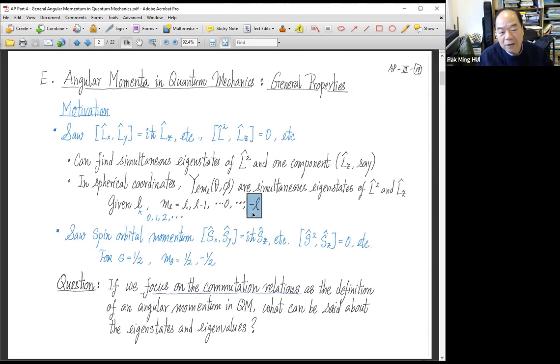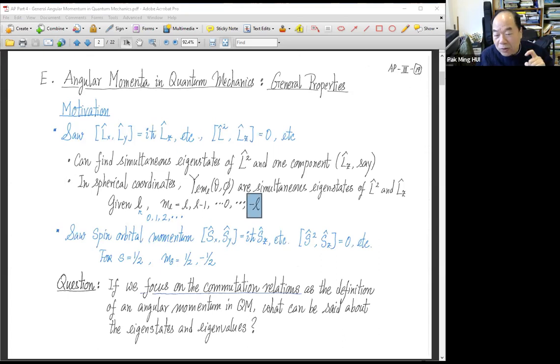You have seen that, you solved it within the angular coordinates, theta and phi. So you have done this part.